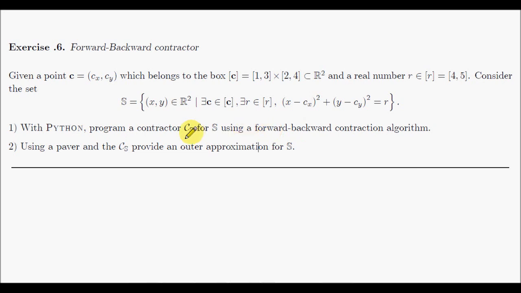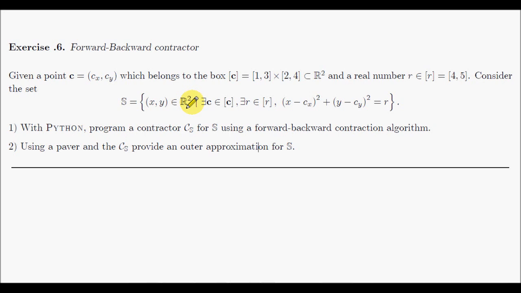The second question, using a paver, so a Sivia type algorithm, which will bisect boxes starting with a big initial box. And I will also use the contractor implemented just now. I have to provide an outer approximation for S, which of course is a subset of R2, so I will be able to draw it.